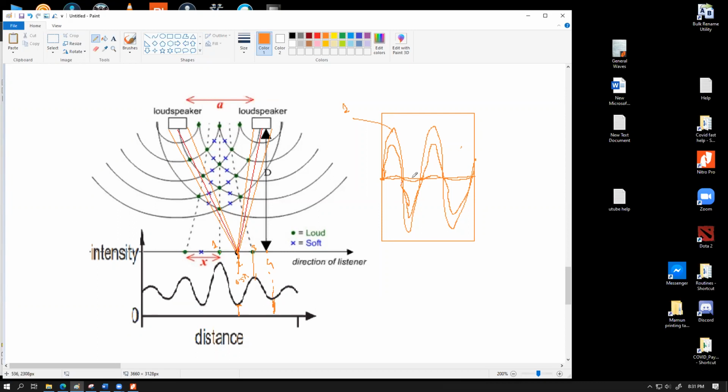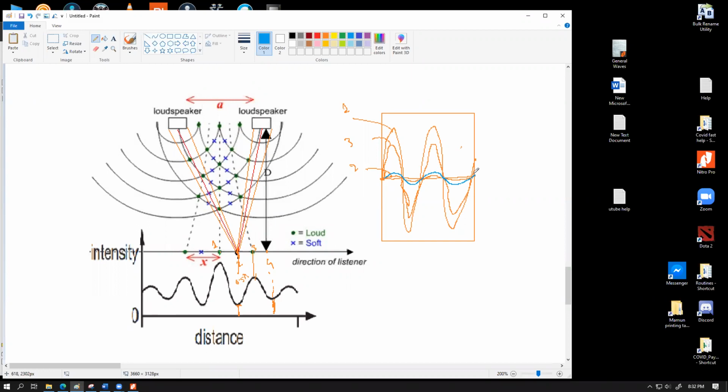So this is 1, this was 2, this is 3, and position number 4 will be somewhat above position number 2. Let me draw with blue maybe. Position number 4 would be a bit louder than position number 2. That's what we're going to see on the CRO screen.